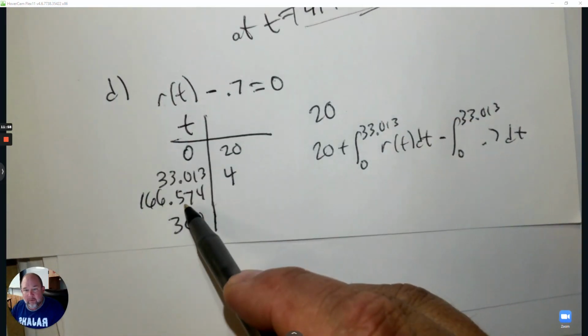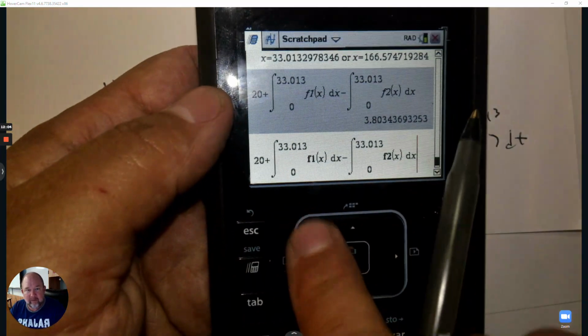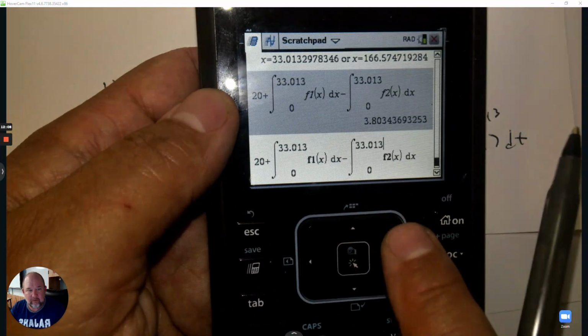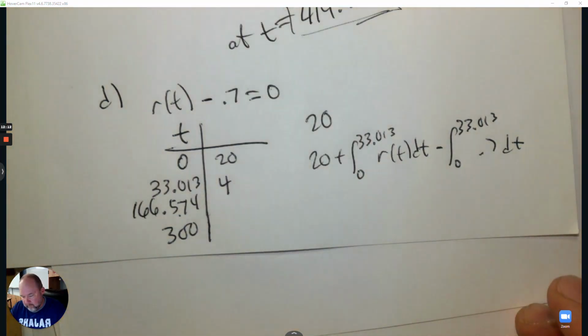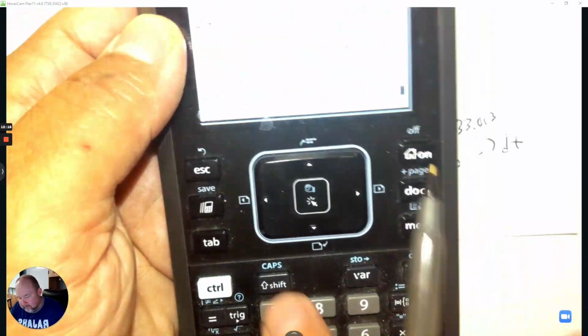Now we're going to do the same work and just change that number to 166. So highlight over it, press enter, and then just go back and change it. So I'll change this one first to 166.574.